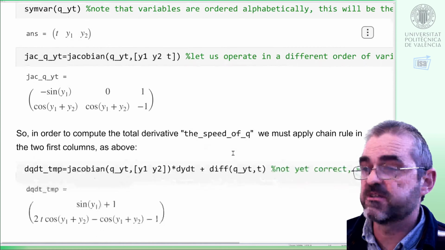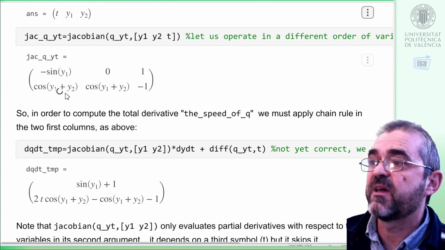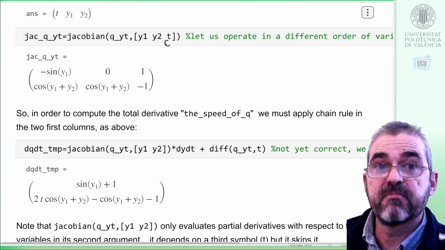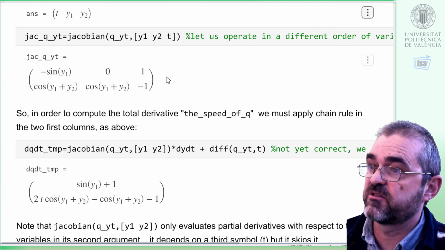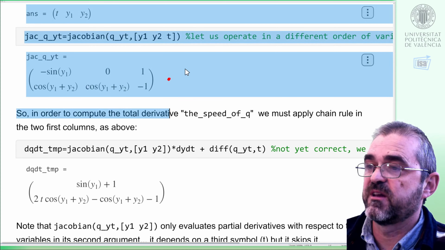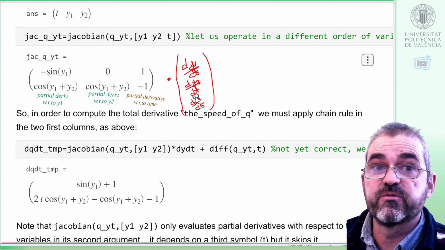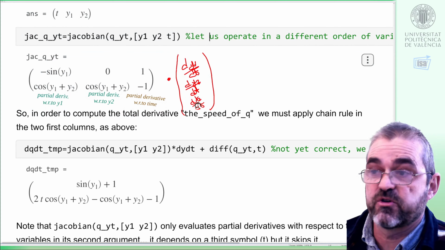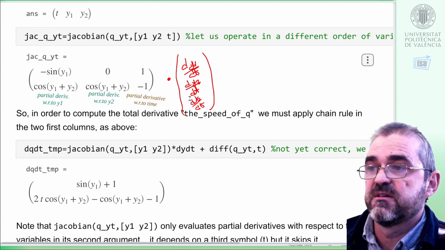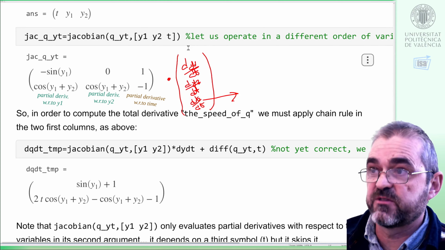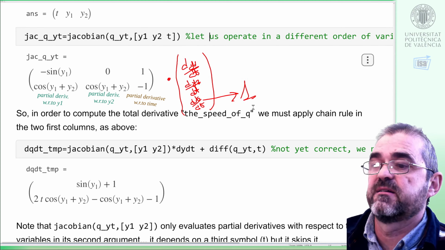So theory tells us that multiplying the Jacobian by the time derivatives of the inputs, which is the second Jacobian, multiplied by the vector of time derivatives, because I don't put partial derivatives since there is only 1 argument, time. So this is chain rule, but come on, the derivative of t with respect to t is just 1.